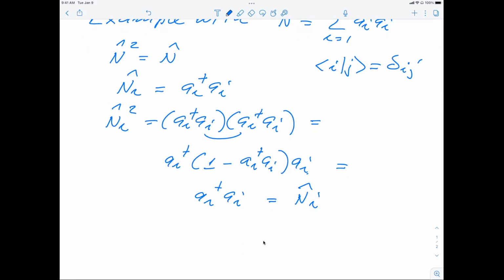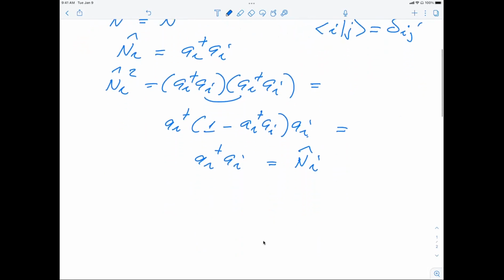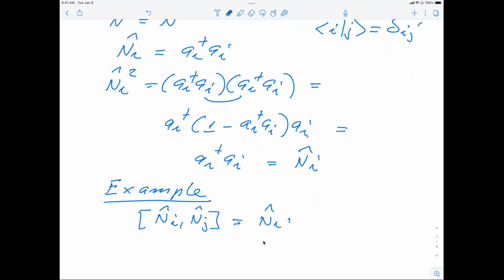Now, another thing which is useful to derive with this number operator, and you will see similar relations for the other types of operators, is the following operation. If we have the commutator of N_i and N_j, this is the same as N_i N_j minus N_j N_i.